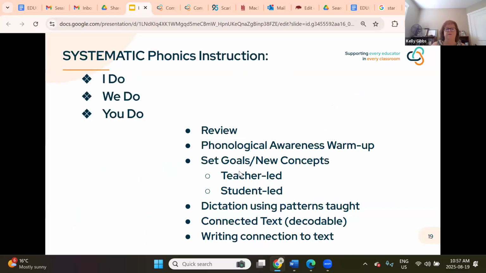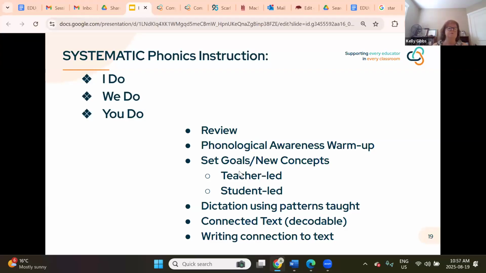So it comes back through all of the guides that we talk about, the I do, we do, you do, there's review, the phonological awareness warm up, and then you set the goals, set new concepts. It's teacher led, then it can become student led. It's that release of responsibility.